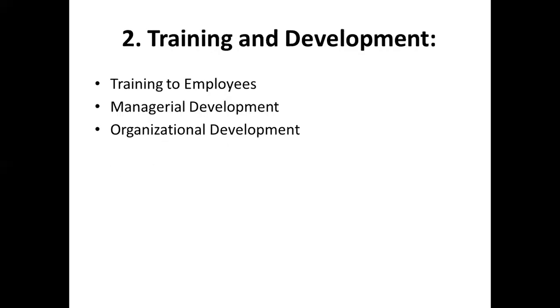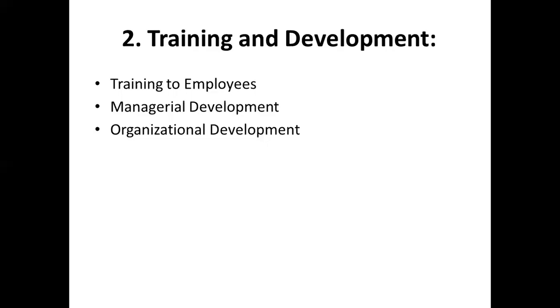And after that, training and development. Once the employees are recruited, selected, placed, and induction and orientation is done, the next part is training and development. Proper on-the-job and off-the-job training has to be given, and managerial development. It is like designing and conducting a suitable development program in order to increase the managerial skills of the employees.